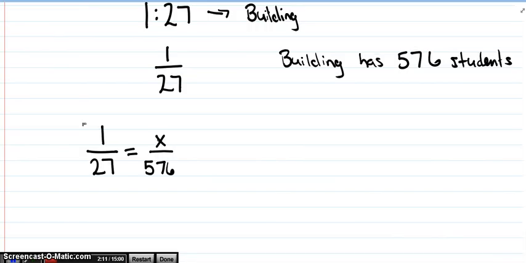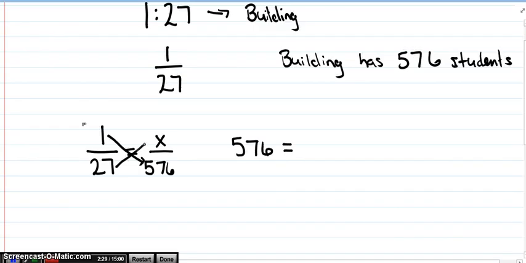So how we do it is this, we'll cross it. 1 crosses down to 576, and we multiply that. So we write 576. The equal sign stays in the middle, and then we cross product this one: 27 times x, which is 27x.